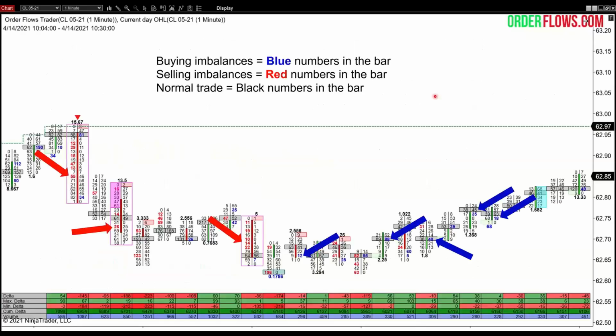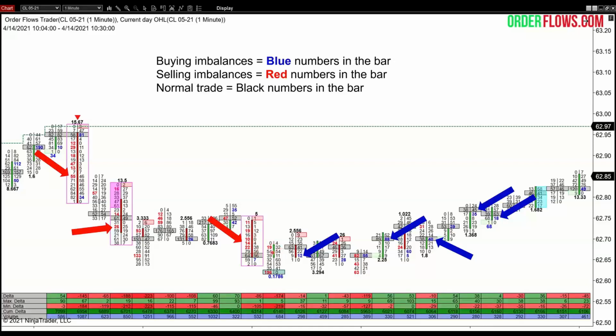And again, in the footprint chart, not every bar is going to have imbalances, right? And the ones that do, it's going to be highlighted, right? Buying imbalances are blue in color. You can see the blue ones in these bars. Selling imbalances are red in color in the bar, right? If it's just normal order flow, it's just a black number inside the bar, okay?